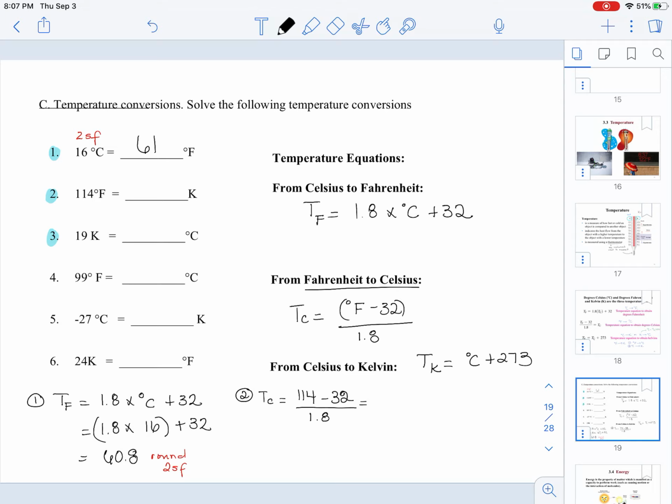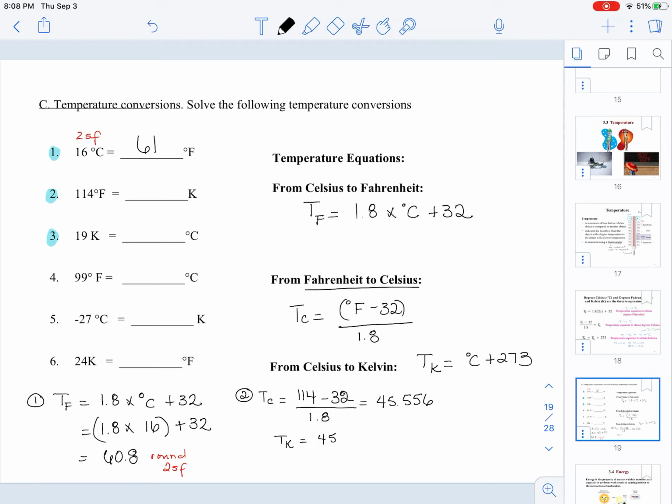I find 45.556. I just rounded to 3 decimal places because it will get me close enough to my final answer. Then I'm going to take that value of 45.556, okay?